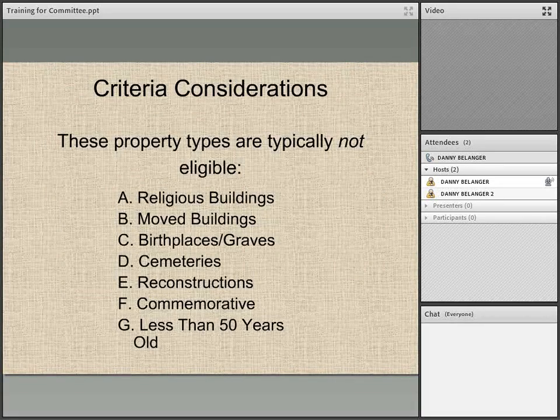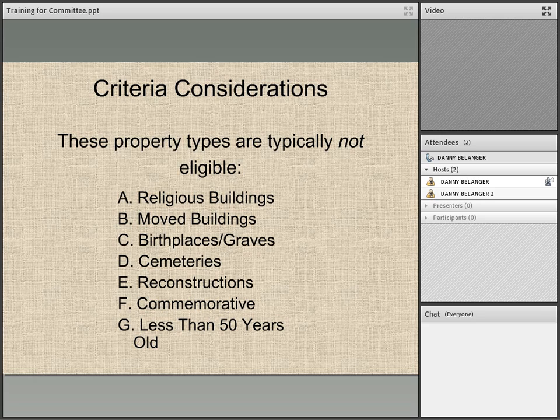There are 7 criteria considerations. These types of properties are normally not eligible for listing, but there are loopholes for all of them. So under A, religious buildings are generally not eligible. However, if they are architecturally significant or important in the history of the church itself, they can be nominated.